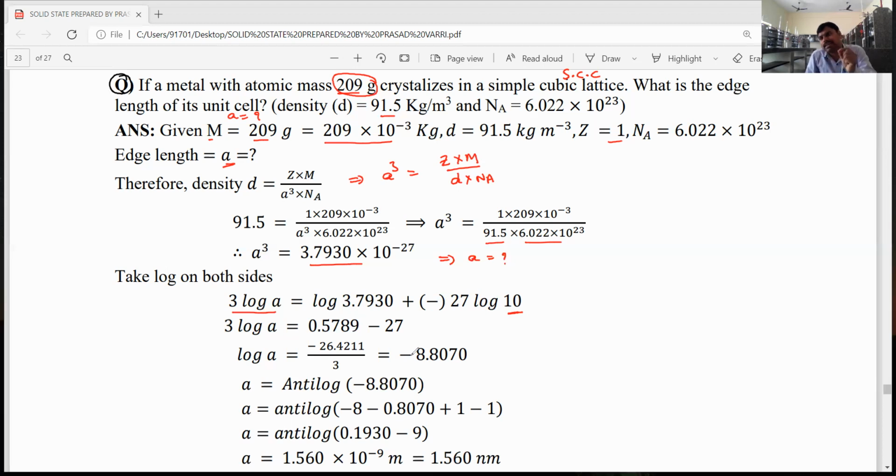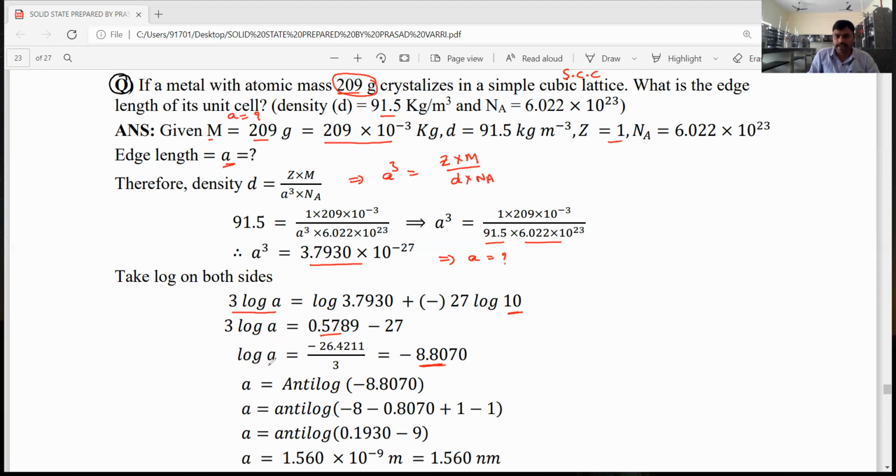The logarithm table will be given to you. So by using that logarithm table, log 3.7 value is 0.57, minus 27. Then on simplification, log a is equal to minus 8.8070.